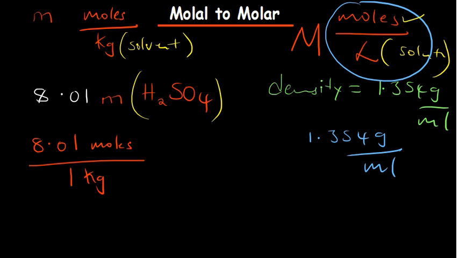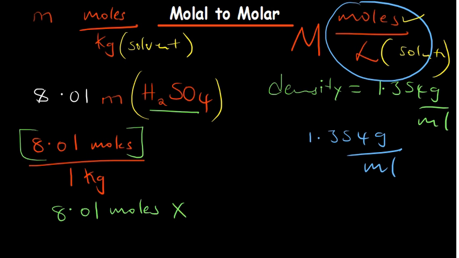One way is, since we know the moles of the solute, which is the sulfuric acid, we can use the molar mass to find the mass, right? So 8.01 moles of sulfuric acid.